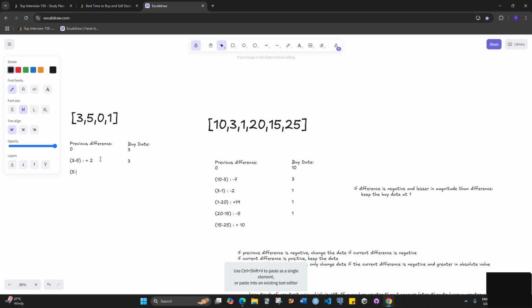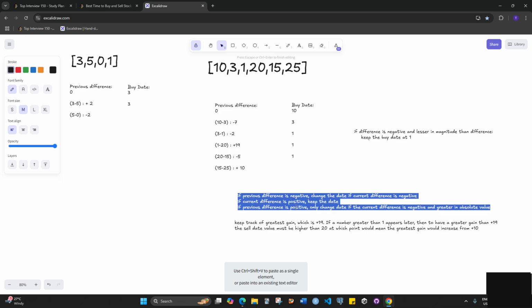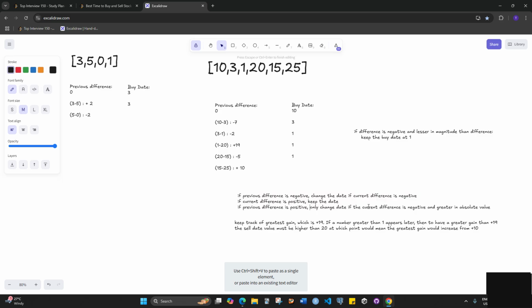And then from 5 to 0, the difference is negative 5. So according to our rule, if the previous difference is positive, only change the date if the current difference is negative and greater in absolute value. So according to this original algorithm, we should have it change to 0.